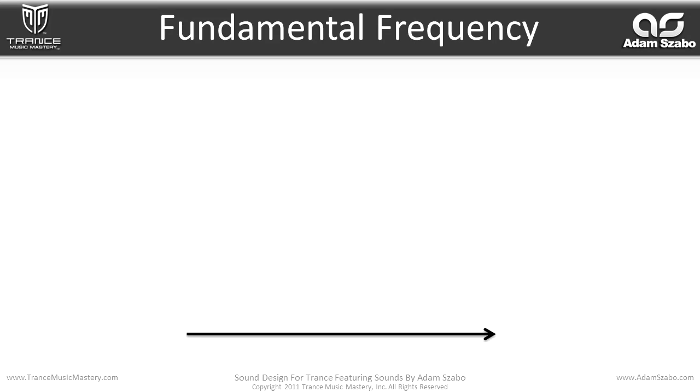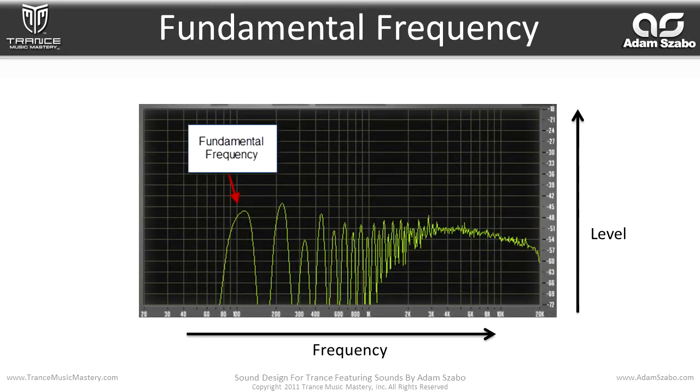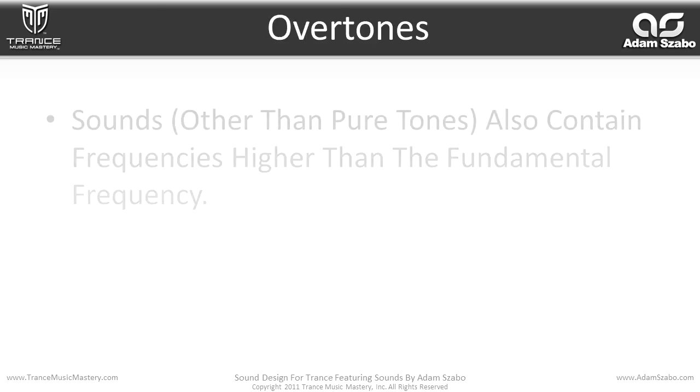So if we graph frequency versus level, and we look at a complex sound in a spectrum analyzer, we can see that the complex sound has many frequencies present within it, and the lowest frequency present is the fundamental frequency. Next, let's talk about overtones.